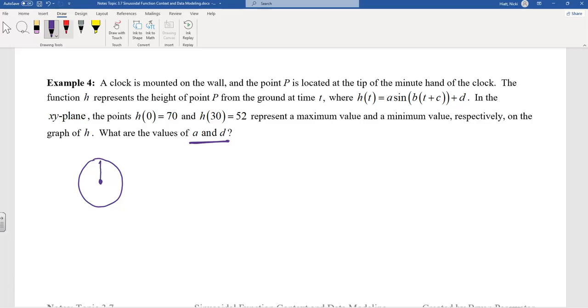At time equals 0, that minute hand's going to be pointing up, right? Because that's where the minute hand points whenever you are looking at an analog clock. And so the height right here is 70. What are we in? Inches? Does it even tell us?